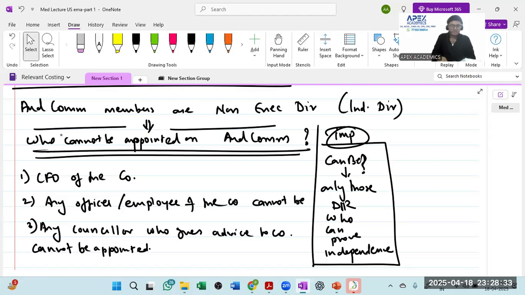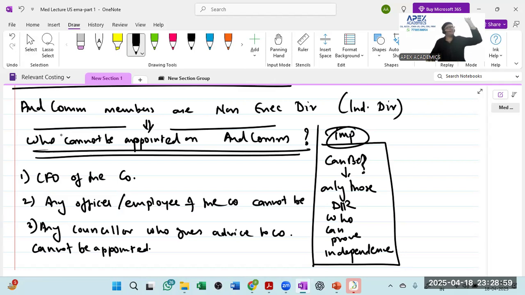Now, what are the duties of the audit committee? Yes, the 1 year concept, it has no relation to this. I was an employee, I left the company, I joined an audit firm. I am not asking whether you can be appointed as an auditor.